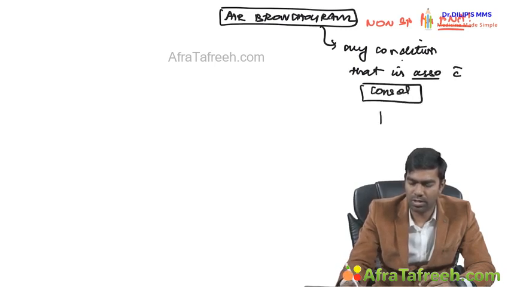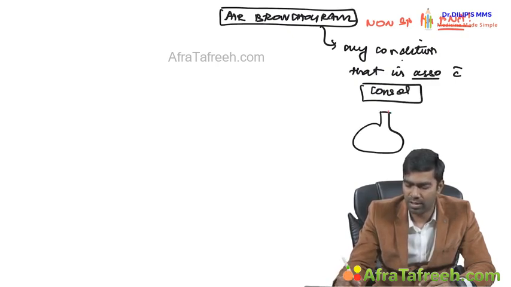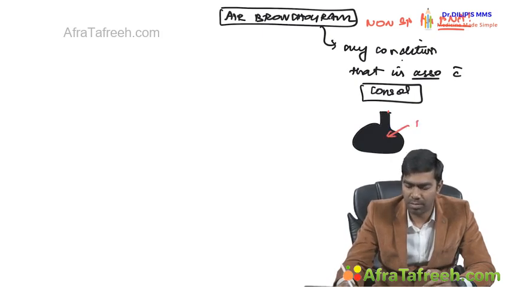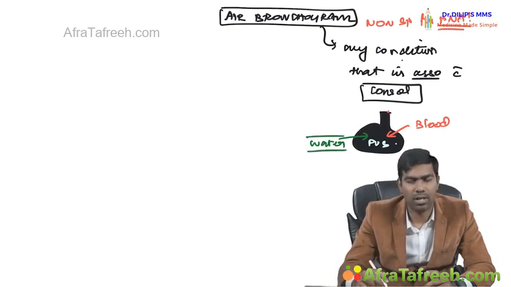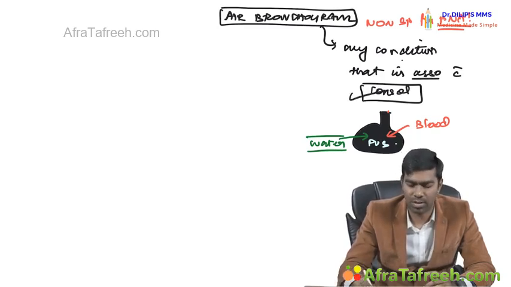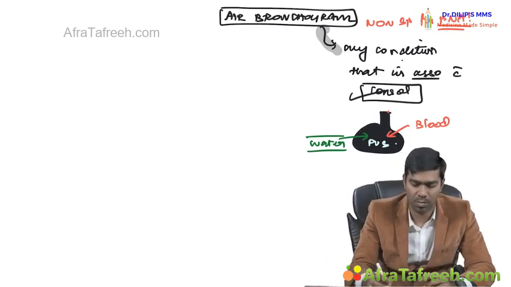So what is consolidation? You need an alveolar filling. The filling can be by blood, or by pus, or by water also. Clear? So any alveolar filling process can produce consolidation, which in turn can produce an air bronchogram. So it's not specific for pneumonia.